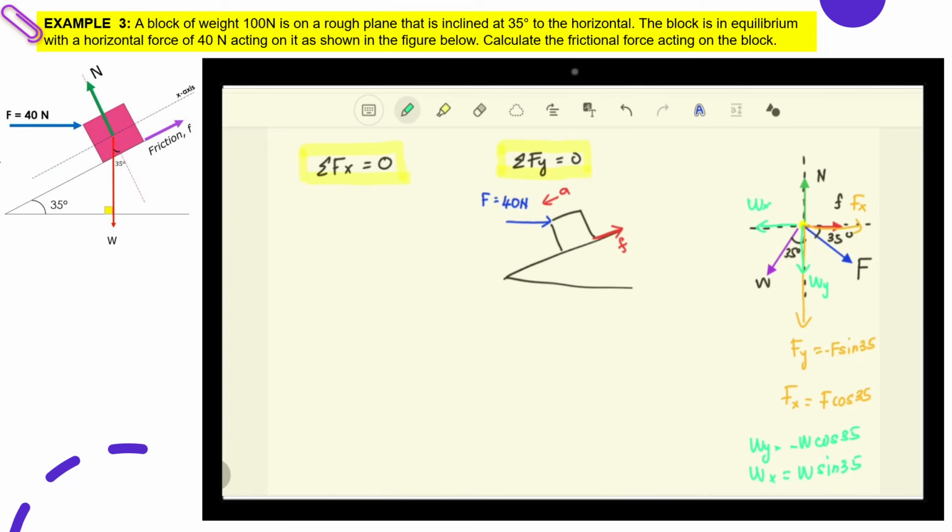Now when we try to solve the problem, we want to find the frictional force, where the position of the frictional force is on the x component, daripada paksi x. Now, referring to the x component, we have three forces here, which are Wx, Fx, and the frictional force.